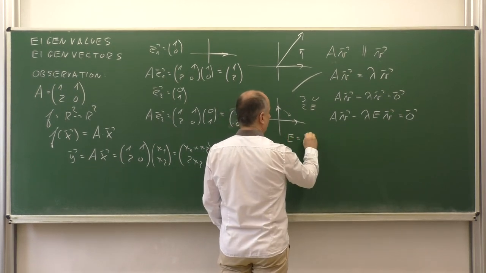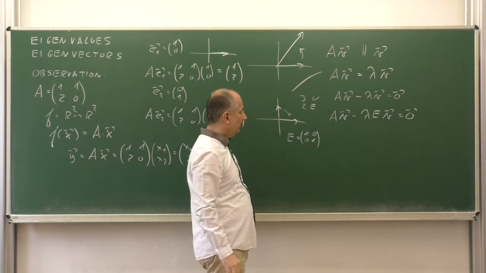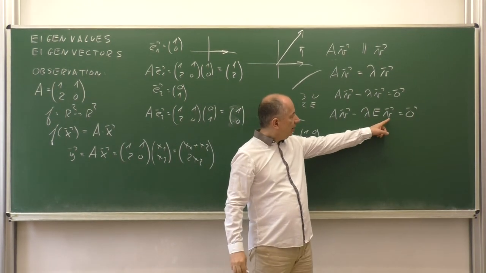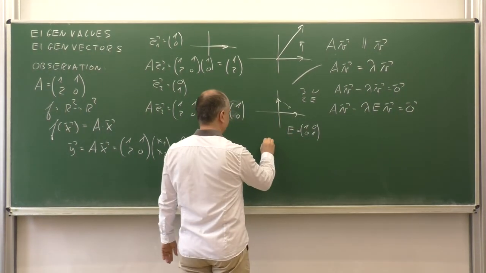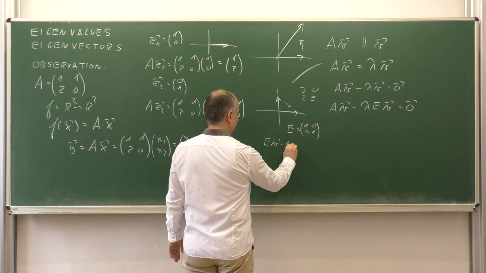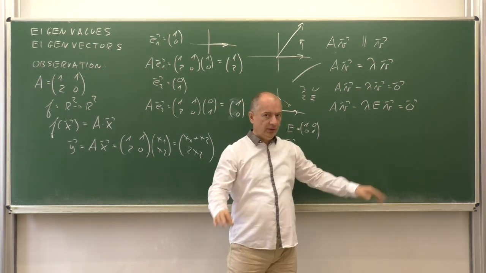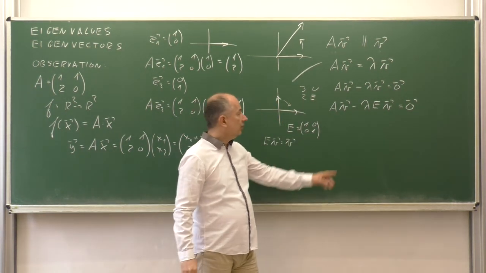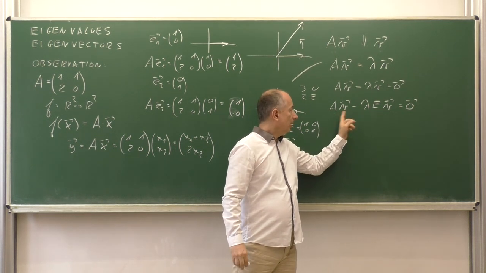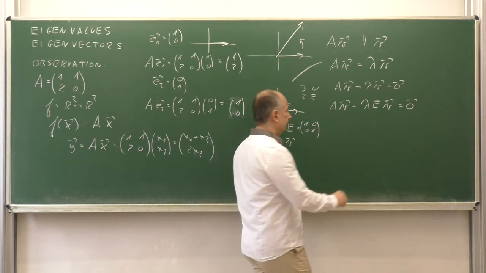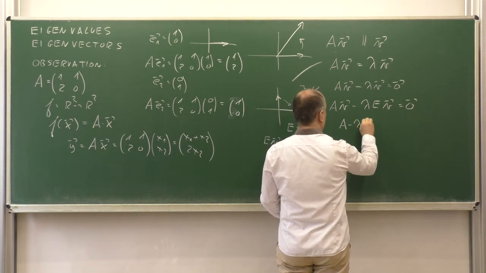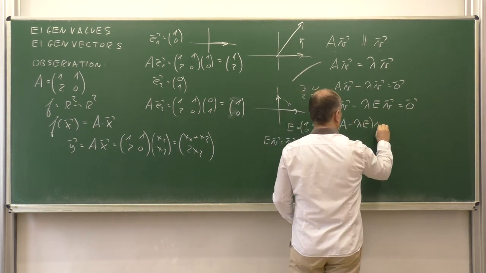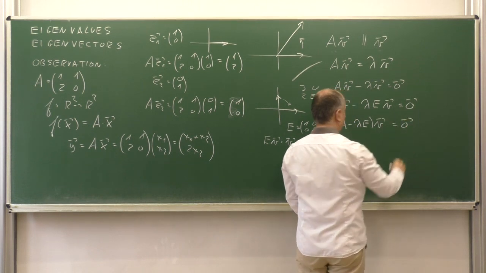In the 2 by 2 case, it will be 1, 0, 0, 1. And if we multiply any vector by the identity matrix, then Ev is v, no problem. So we don't change anything. And it helps because after factoring out v, we have now the difference of two matrices. And we must factor out to the right. So we have A minus lambda E times the vector v equals the zero vector.